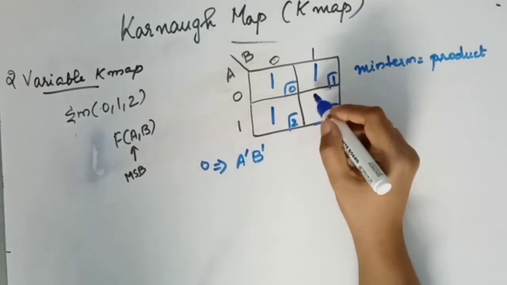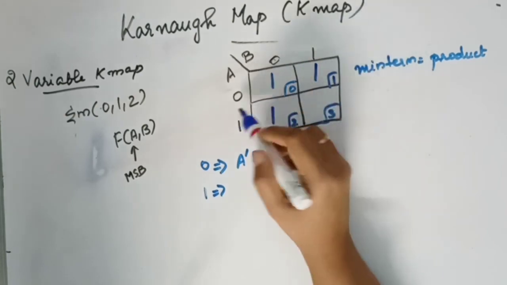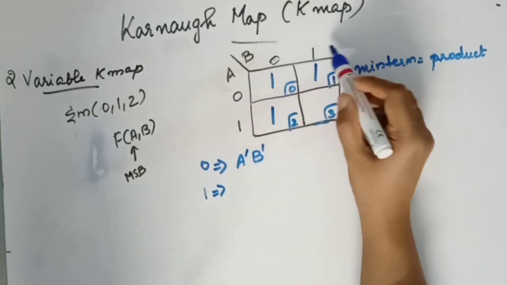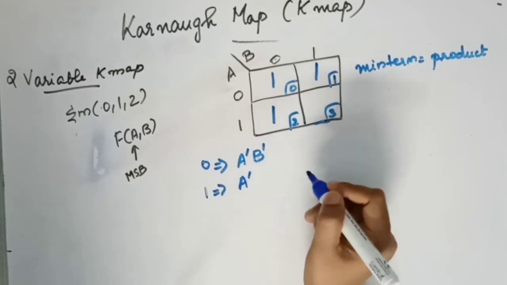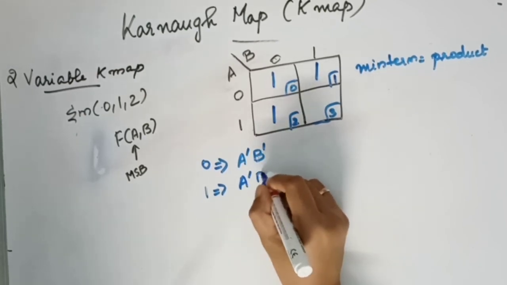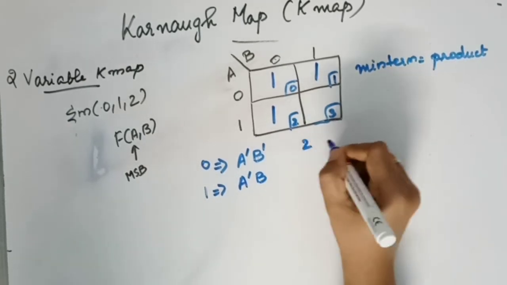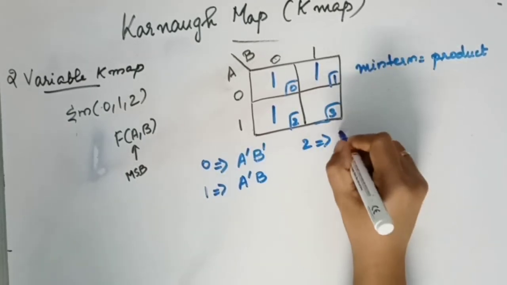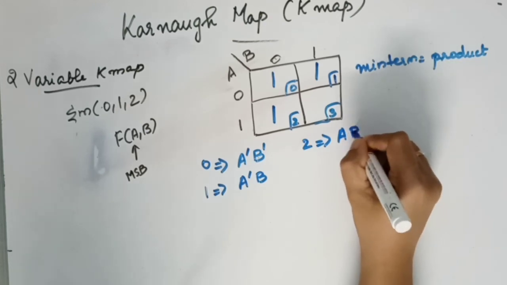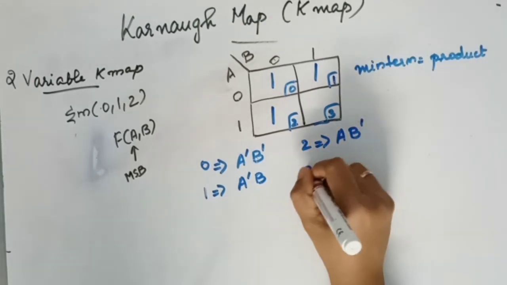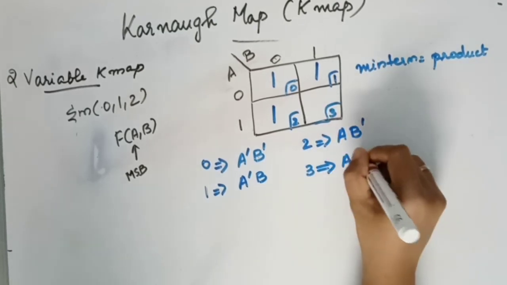Okay. Now, this particular thing is A is 0 and B is 1. So, A is 0 means A bar and B is 1 means B, and it's again written as product. 2 is A is 1 and B is 0, so B bar. And 3 is A is 1 and B is 1.